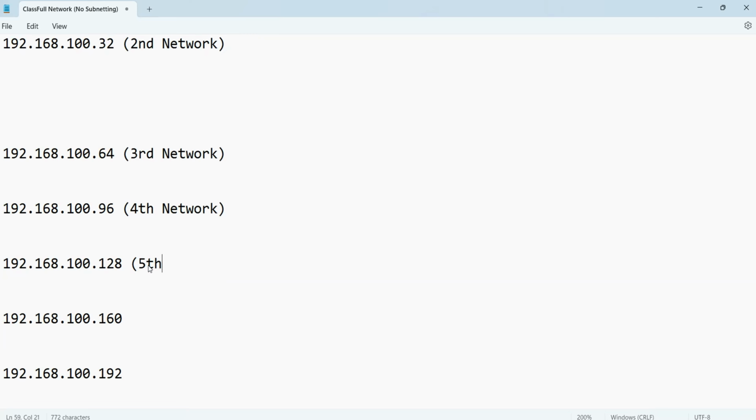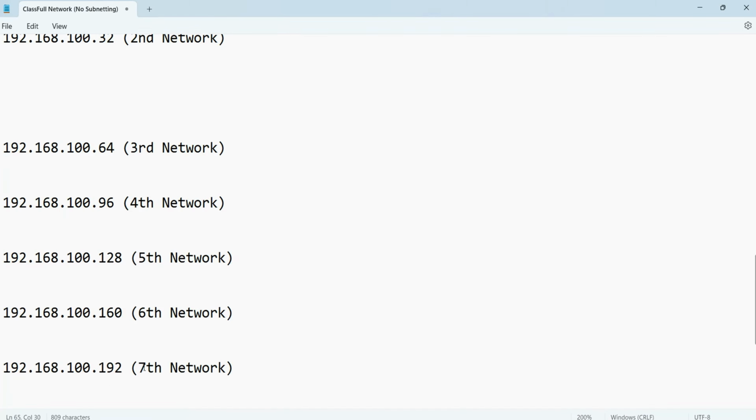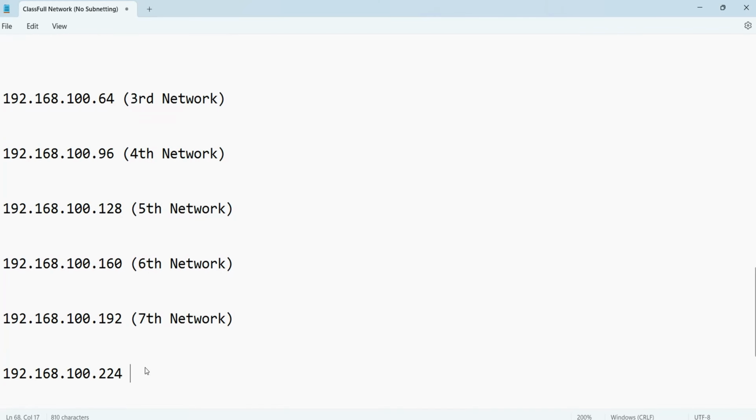This one is the sixth network. And this one is the seventh network, all right? So this looks good so far. And this one is my last network, which is the eighth network. See that? Just like this.